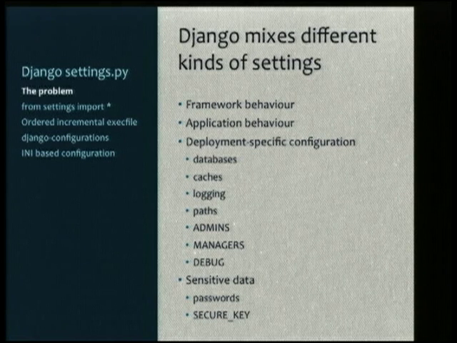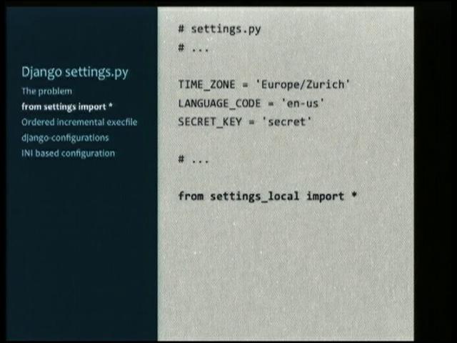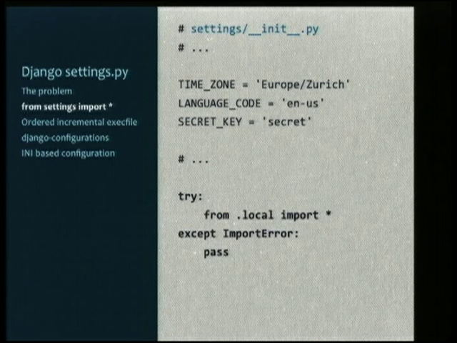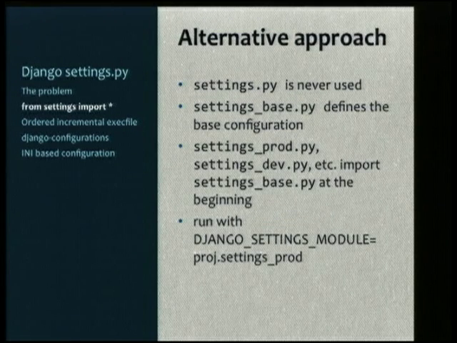Some of them are even security problems, for instance, storing passwords and the secret key. So the simplest approach is to just import a local module which stores the sensitive part of the data. But it has problems. What happens if the settings local module doesn't exist? So we have all sorts of workarounds for that, but there are alternative approaches.